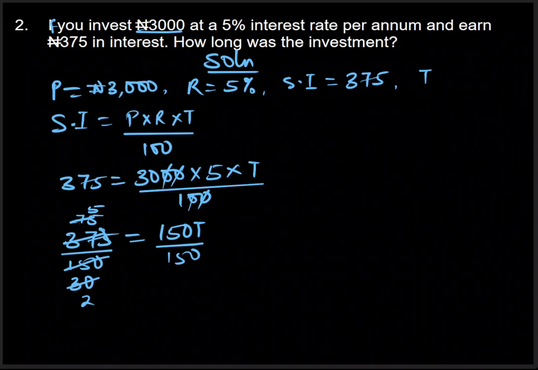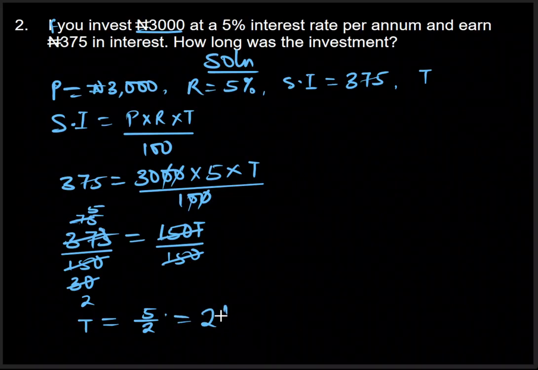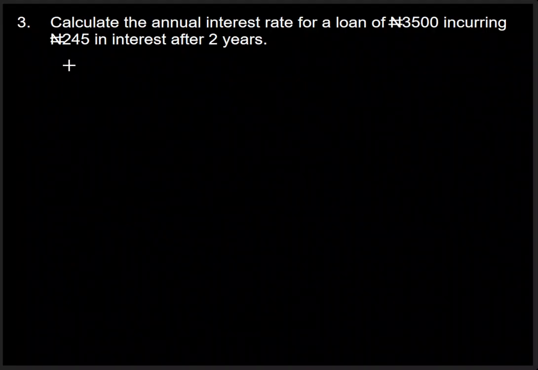Alright, so we are left with T. T equals 5 all over 2, which is equal to 2 whole number 1 over 2. That's 2.5 years. So that's what we get in time. 2.5 years.